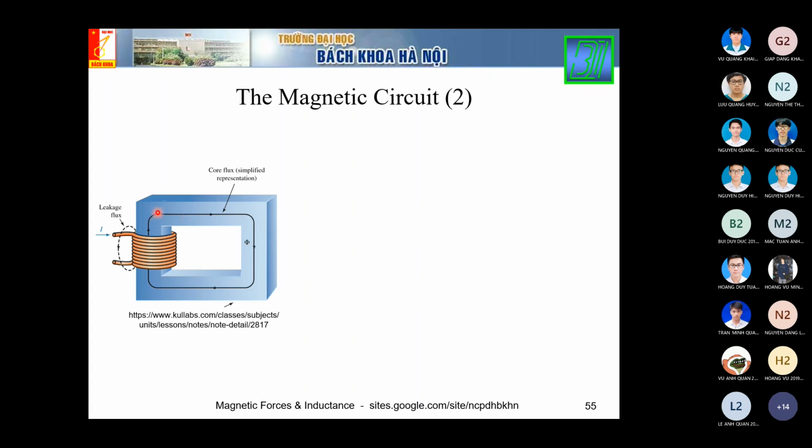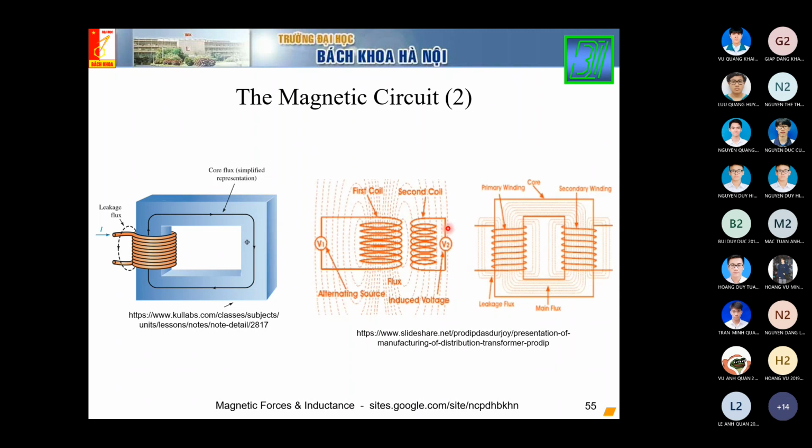Okay, the core here is normally made of iron, and the core here has an effectiveness like a wire in an electric circuit. It conducts the magnetic fields, the magnetic flux from one position to another position.